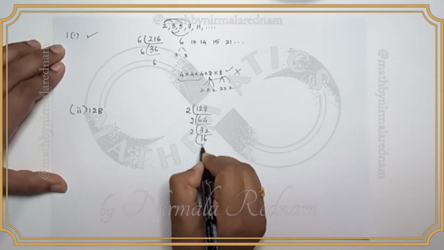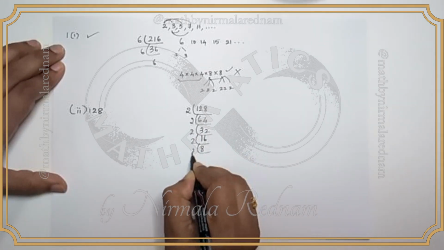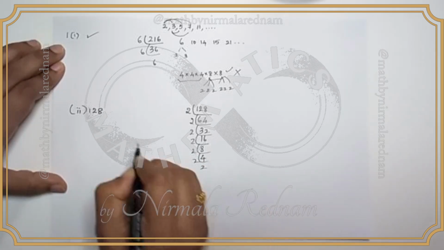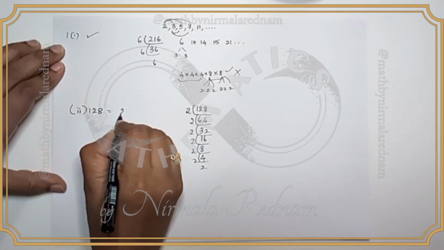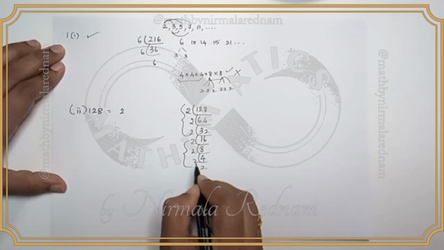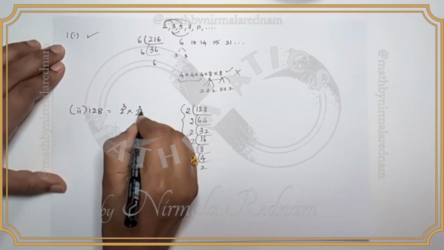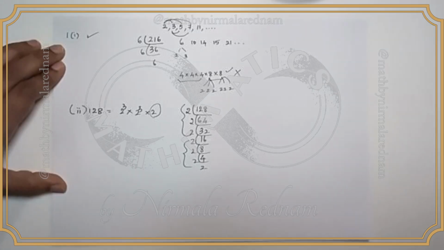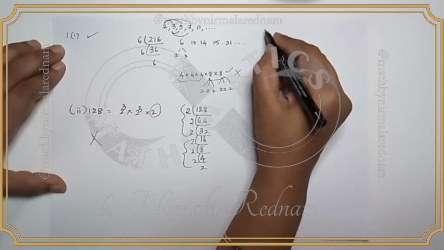We have 8, which is 2 cube. This is one set and this is one more set. I'll write 2 cube into 2 cube and I have one 2 left. So this is not a perfect cube, right? So this is not a perfect cube.